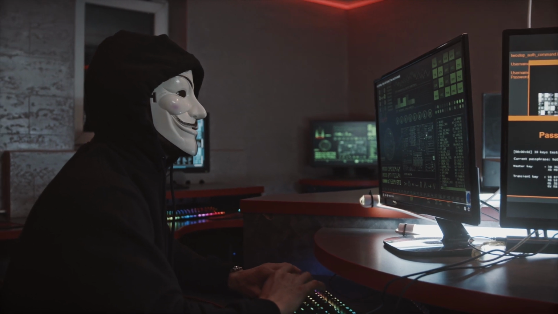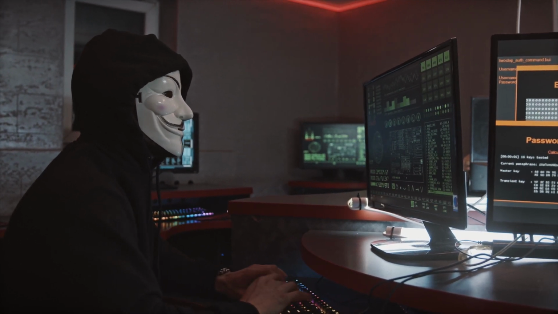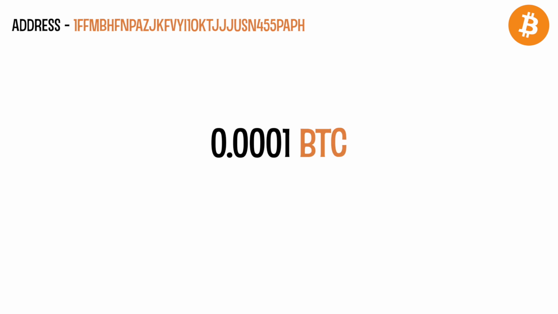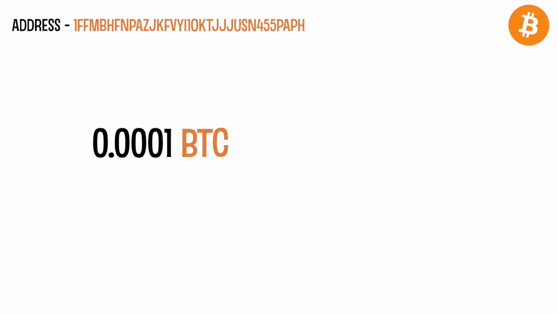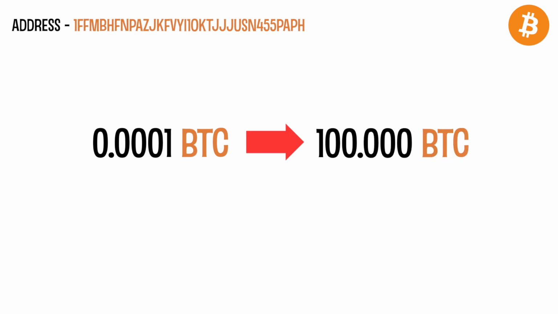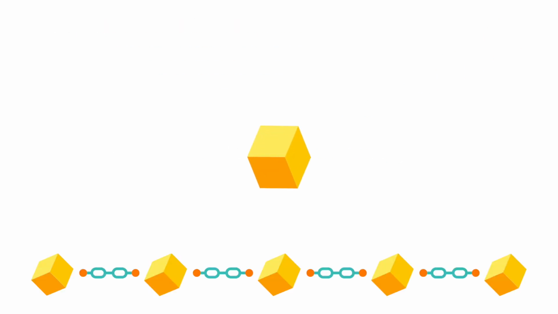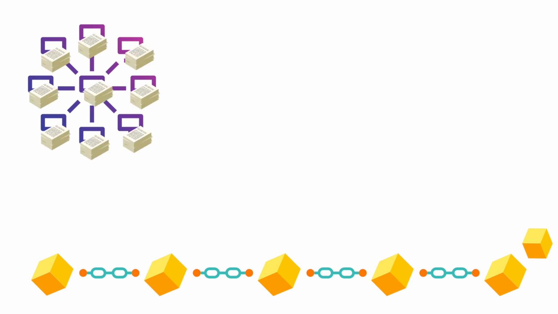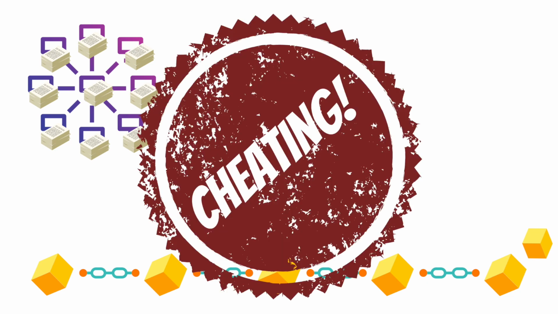So if you try to manipulate any data and try to create another block by giving yourself, for example, from 0.0001 Bitcoin to changing your account to 100 Bitcoin, and when you try to add it to the chain, all the other computers in the network can see that previously you did not have that much Bitcoin, so you must be cheating.